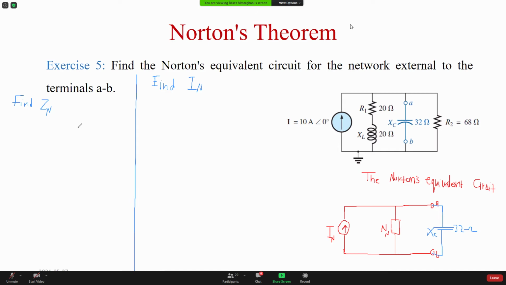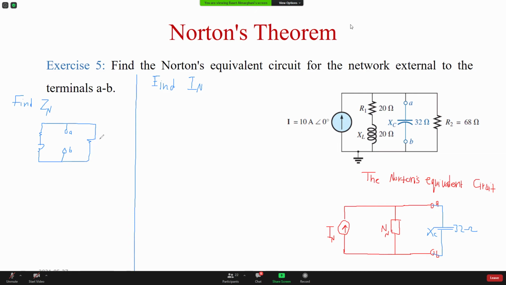So the circuit here, those are the terminals A and B. At this side I have a resistor, inductor, and the other side I have a resistor R2.